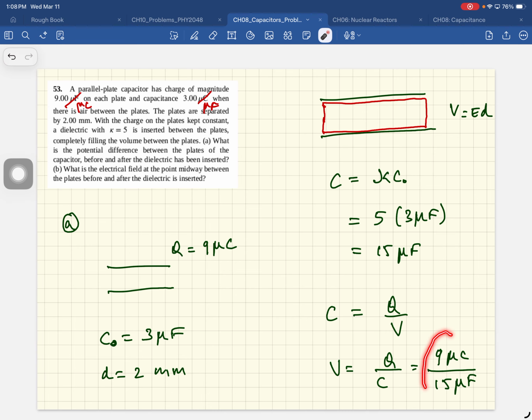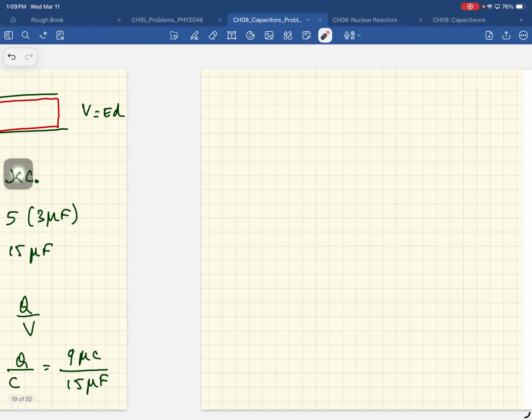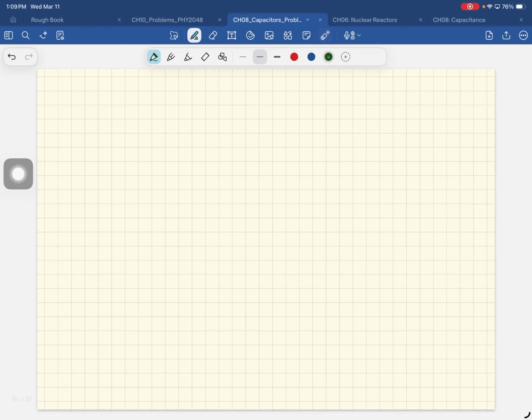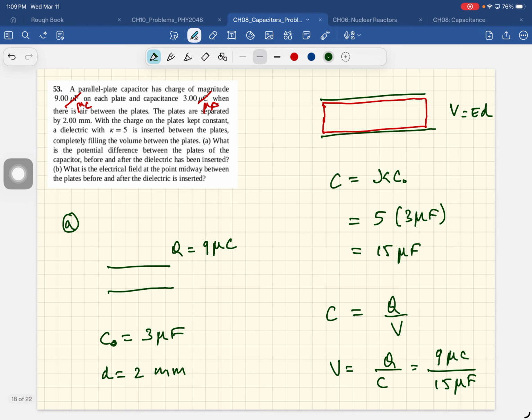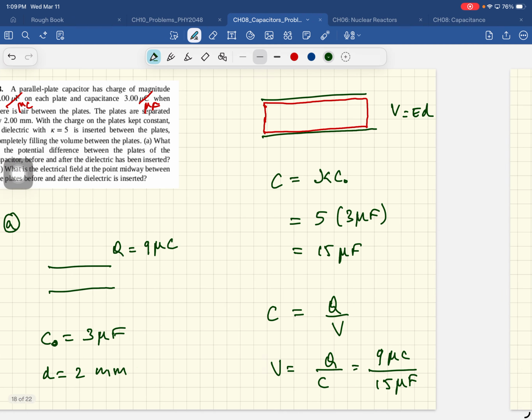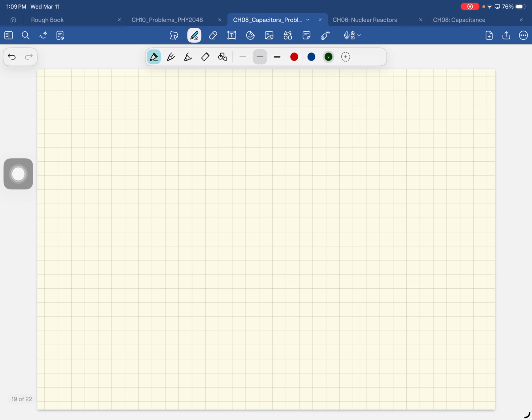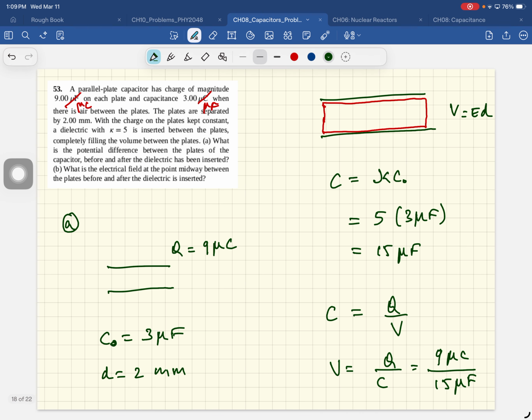All right. So the voltage is that, and that is equal to 9/15, which is 3/5, 0.6 volts. So the micro cancels, and coulombs divided by farads is volts.